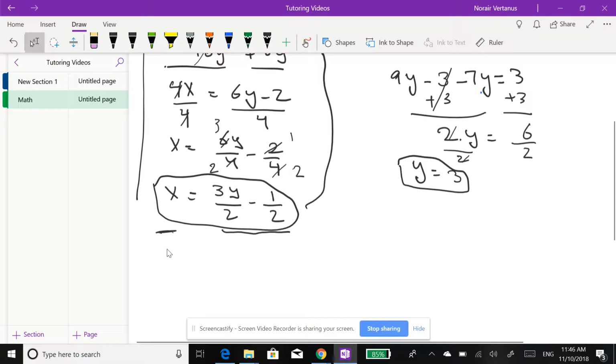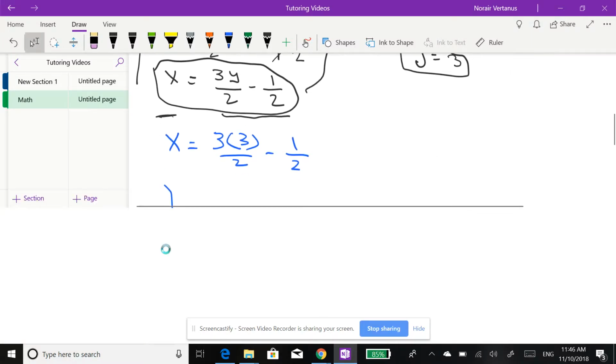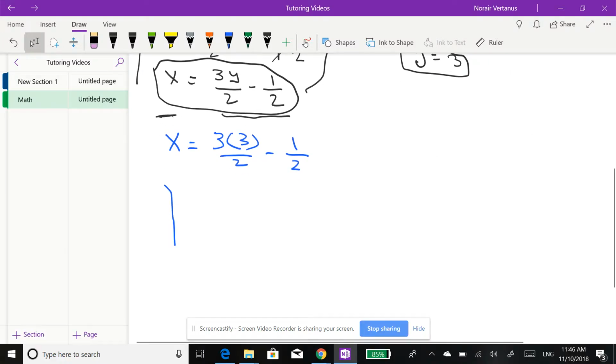So x is equal to, I'm going to go with a different color here, x is equal to 3y over 2, 3 times y, times 3 over 2 minus 1 over 2. That's going to be x equal to 9 over 2 minus 1 over 2.